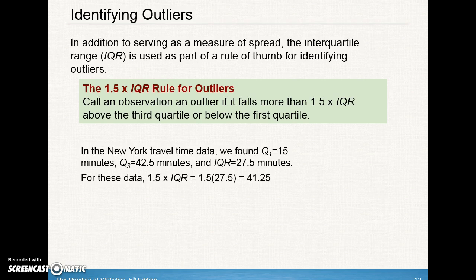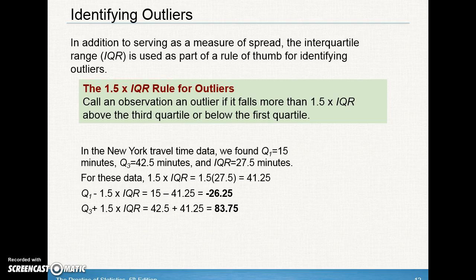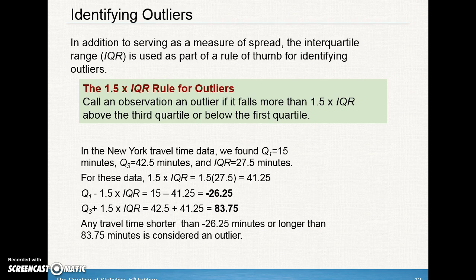So for this data, 1.5 times 27.5 gives us 41.25. So Q1 minus 1.5 times the IQR is negative 26.25. So we're not going to have any outliers on the left side. And Q3 plus 1.5 times the IQR is 83.75. So any data value more than 83.75 would be considered an outlier. So let's take a look at our data again. And we have an 85. So the 85 would be considered an outlier.